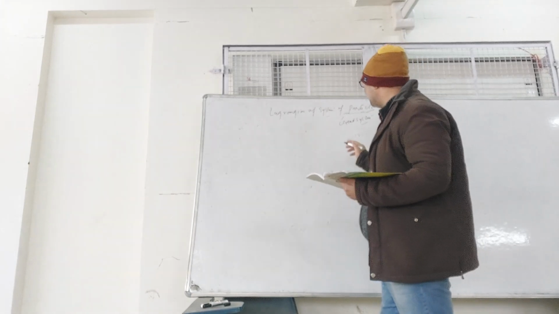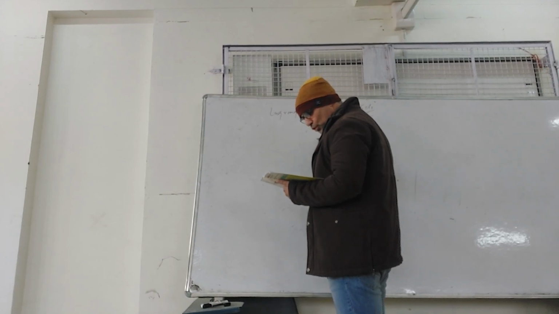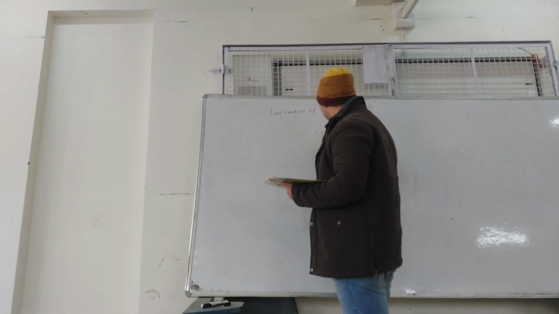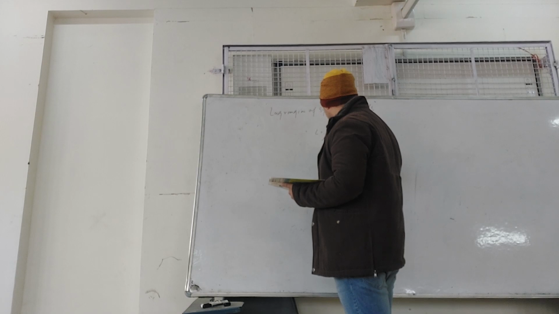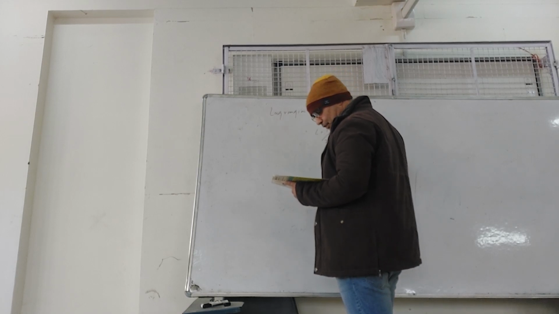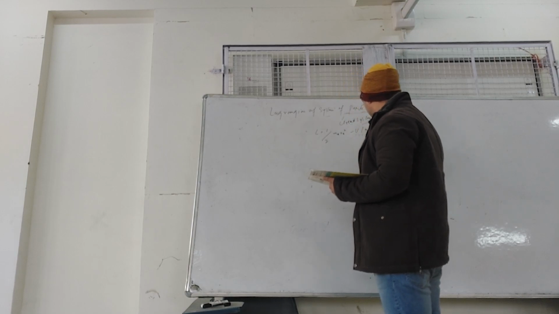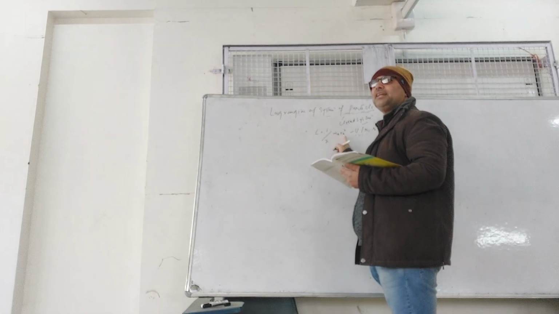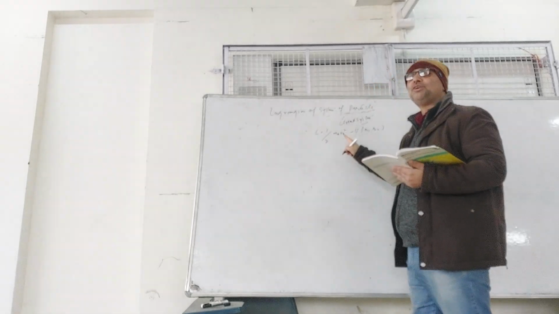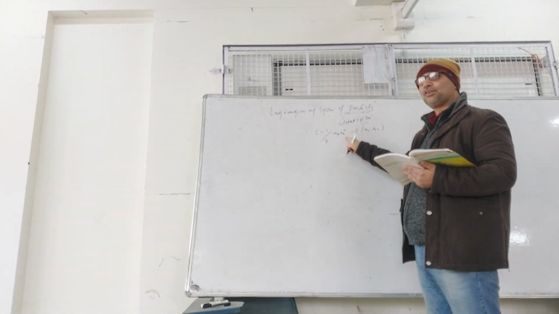That's the point. So Lagrangian of a system of particles can be defined as, with A can vary from 1 and B can vary from.